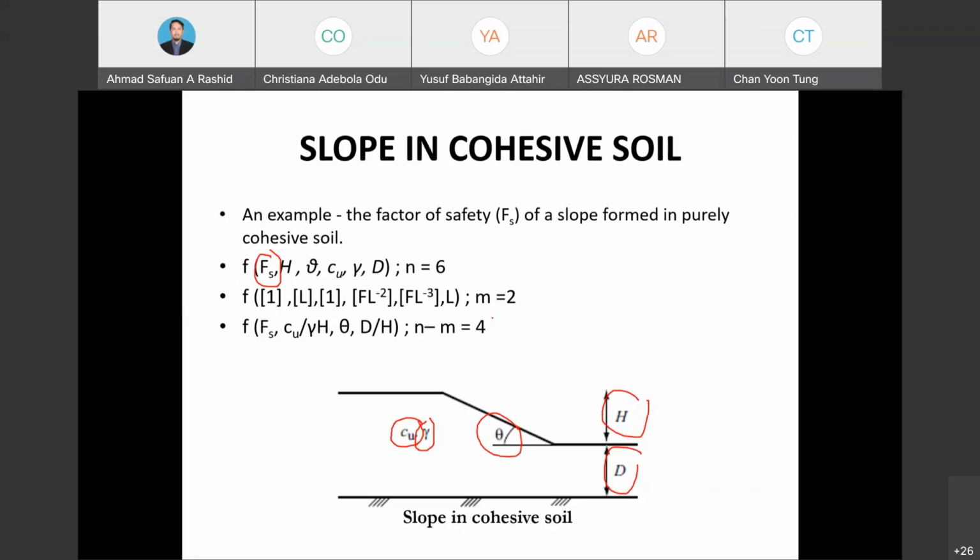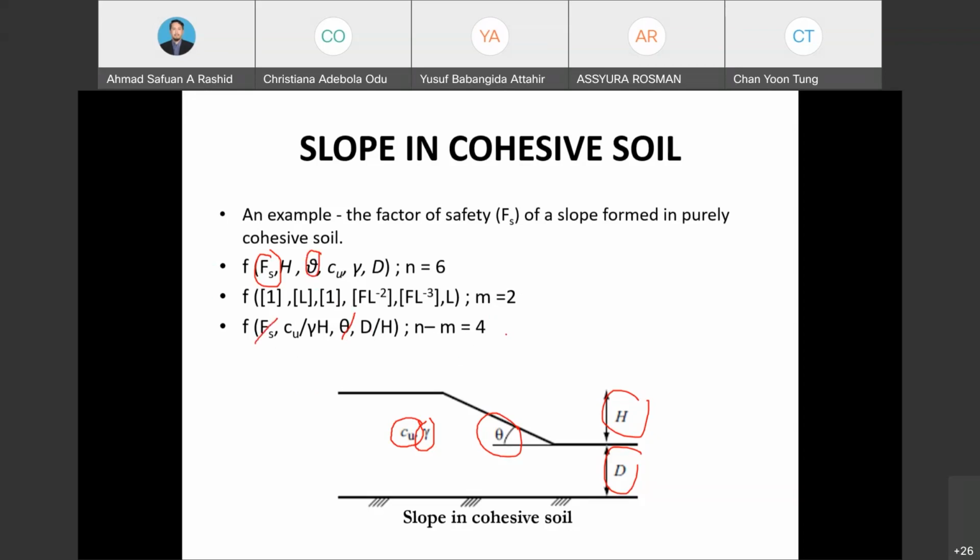So to make it easy, first we count for the non-dimensional equation. Definitely the Fs and also the theta. So the theta here 1, Fs 2.